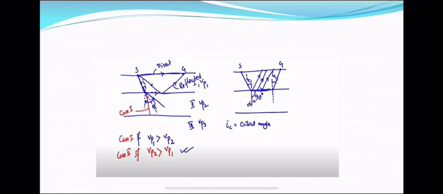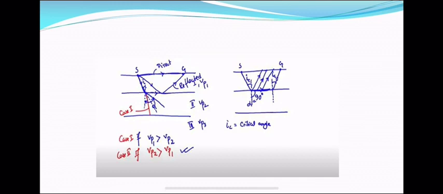And another option: when this ray is traveling with path 1, in the layer it is Vp1, and when it is traveling here, it is Vp2. So you can see, when the length of this zone increases, there is a possibility that this wave may reach first compared to the direct rays, because our Vp2 is greater than Vp1 in the previous expression.